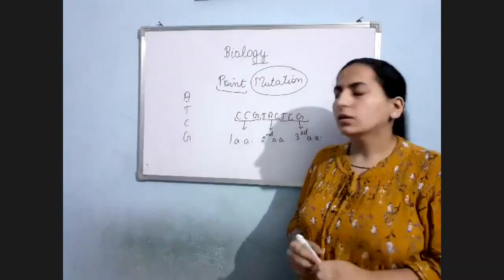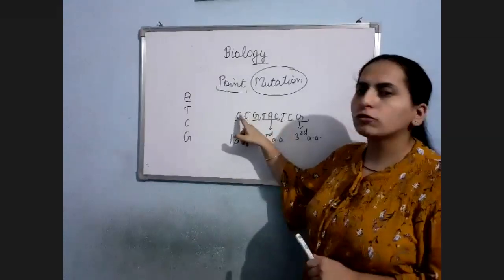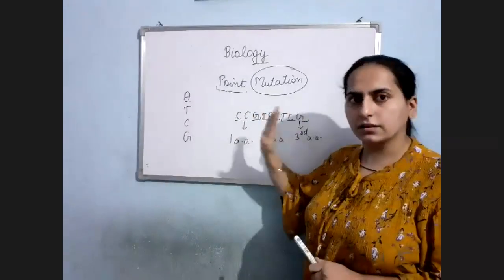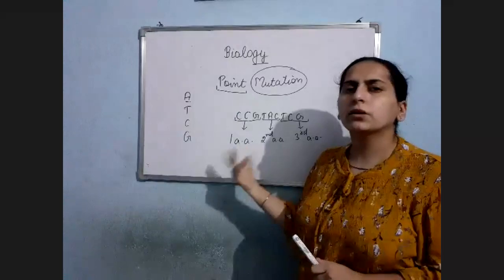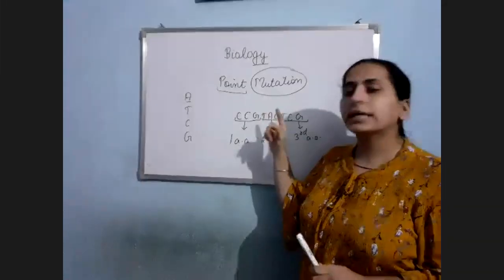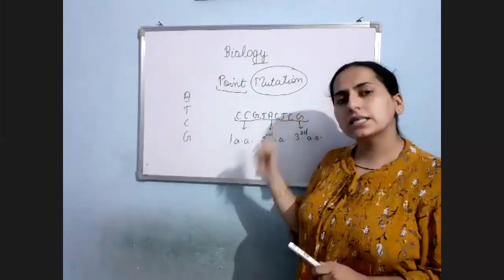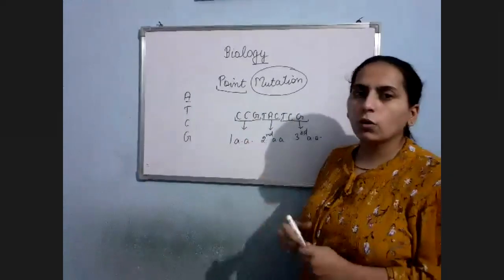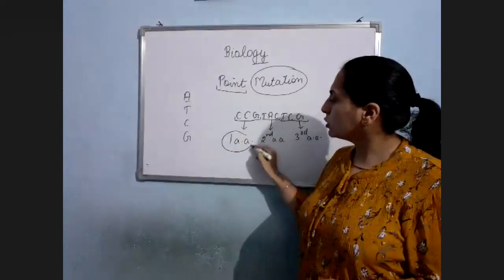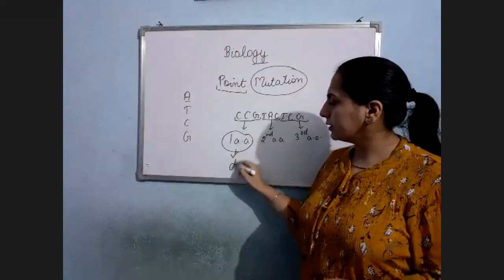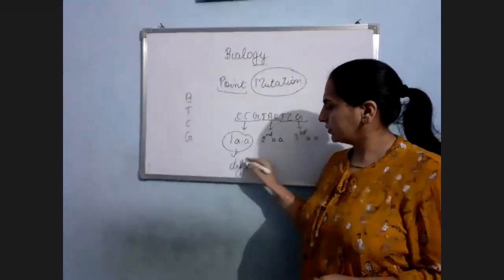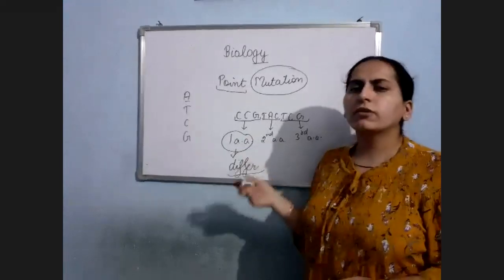Am I clear? Now, what will happen? Earlier, it was CAG, so it was coding for an amino acid, but now it is CCG. So this amino acid will also differ. Differ in any sense.